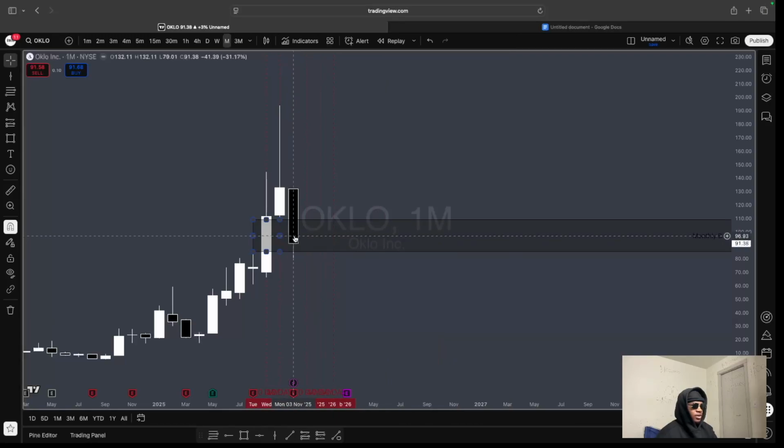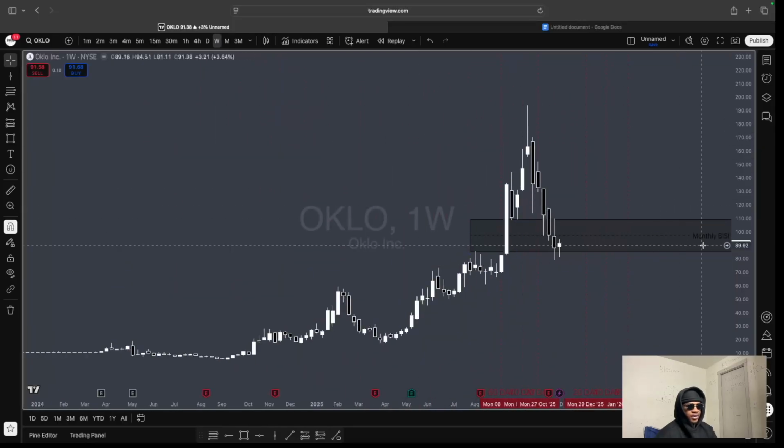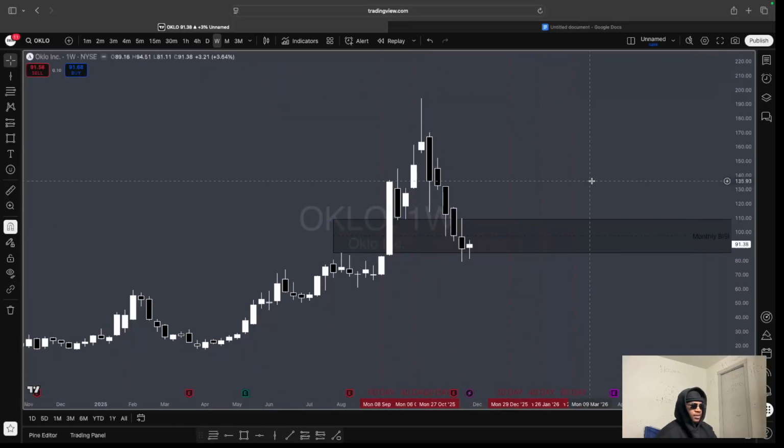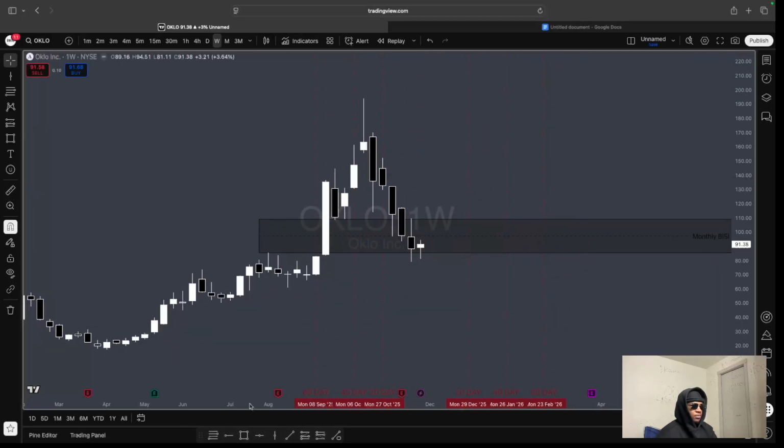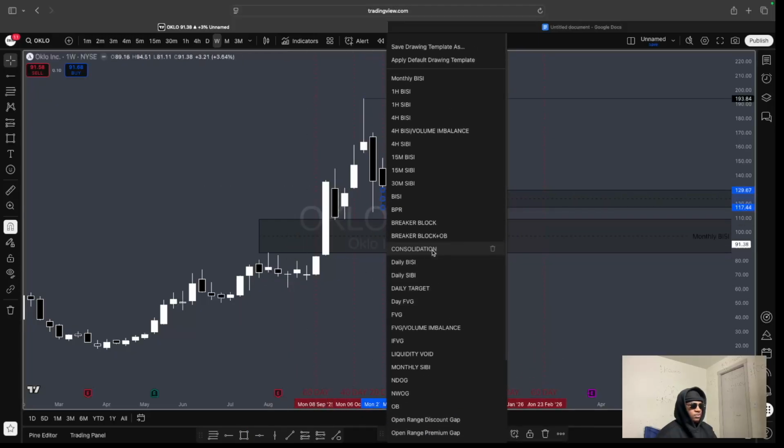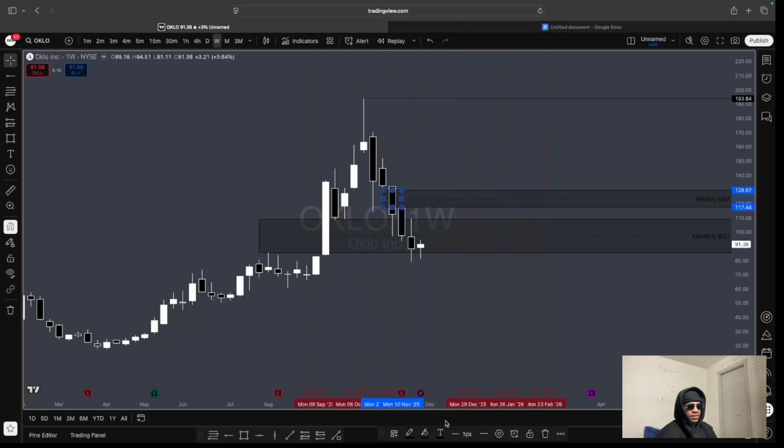We closed below the consequent encroachment of it, but we didn't close under. Same thing, we got a weekly right here. We got all-time highs on Oklo. Also, we got this weekly buy side imbalance, sell side inefficiency right there.